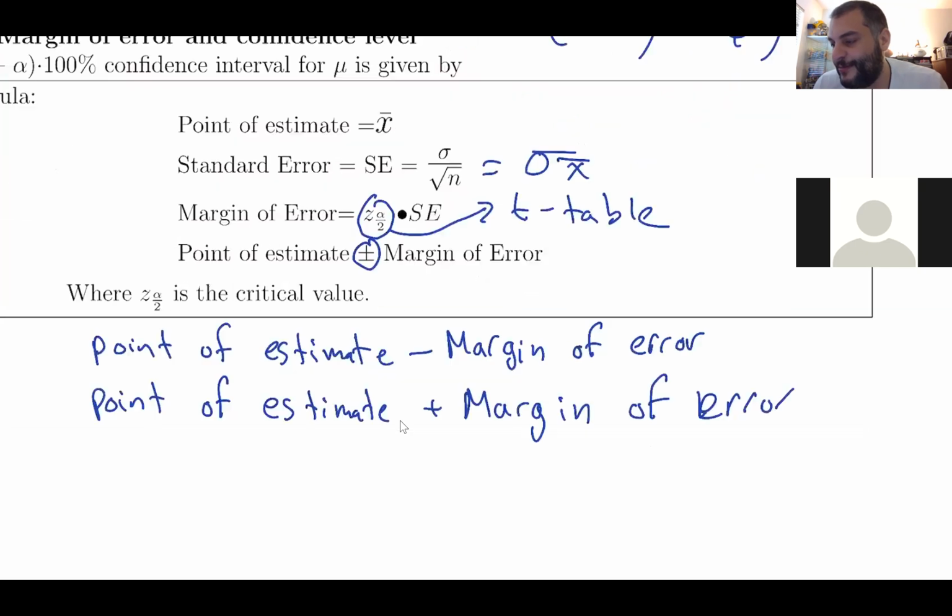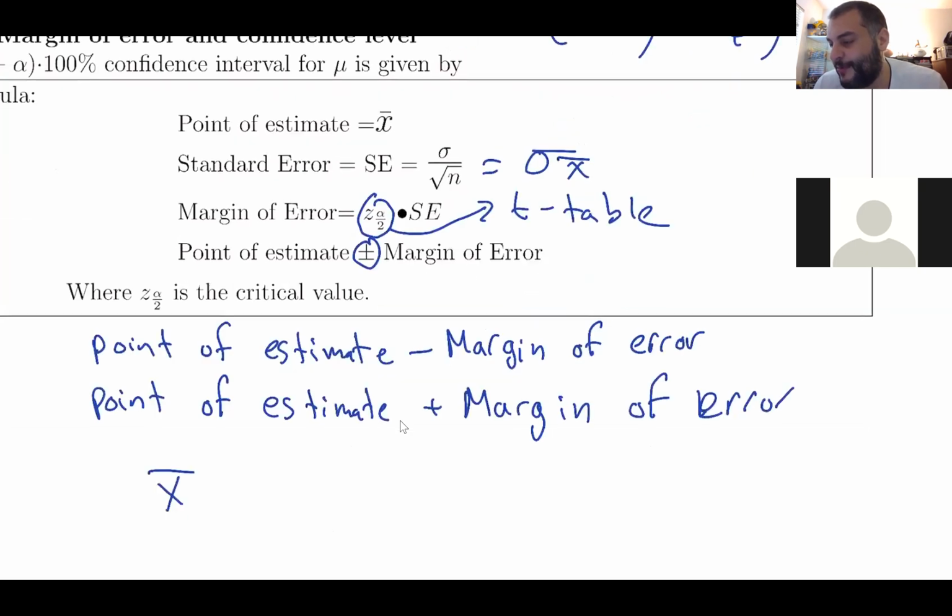And mathematically speaking, it's just going to be X bar plus or minus Z times standard deviation over square root of n. And that's going to give us our confidence interval. Any question in regard to the formula?